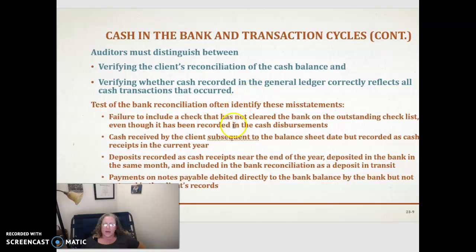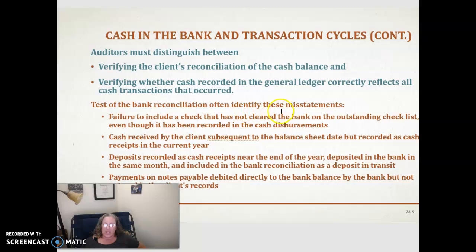Auditors have to distinguish between verifying the client's reconciliation of the cash balance and verifying whether cash recorded in the general ledger correctly reflects all cash transactions that occurred.